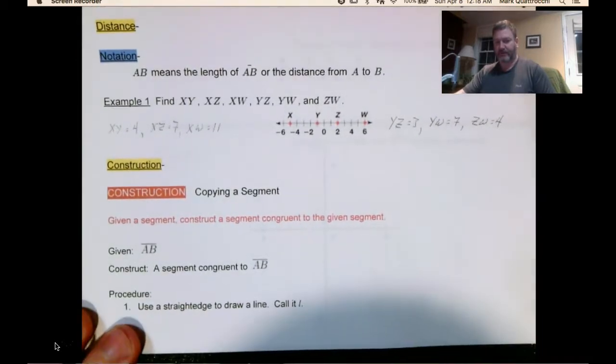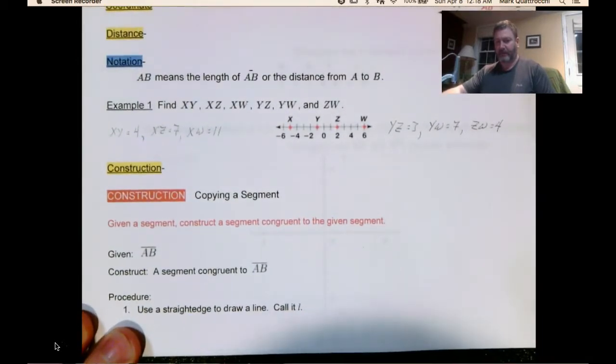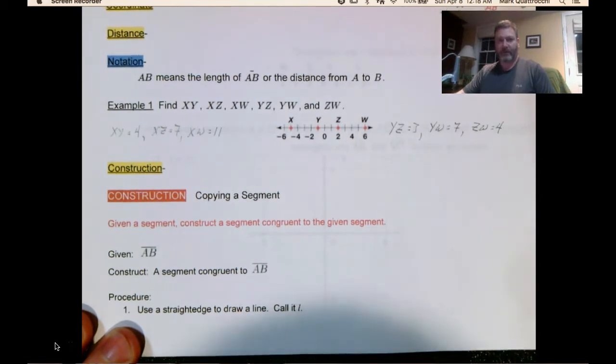At the bottom here, you'll see we have instructions for copying a segment. It's our first construction. I've already created a video for how to do these constructions. This is construction number 1.